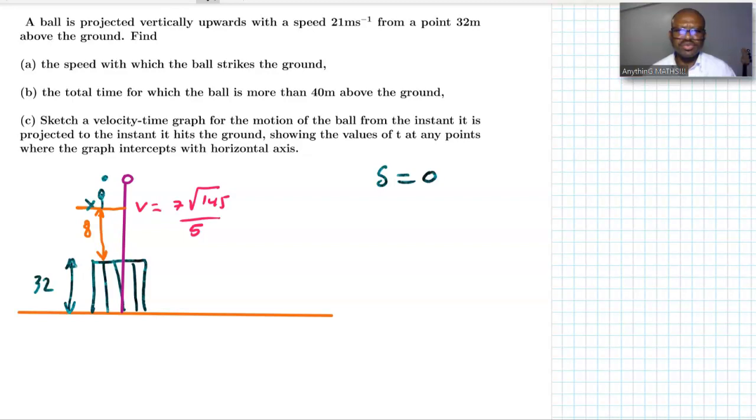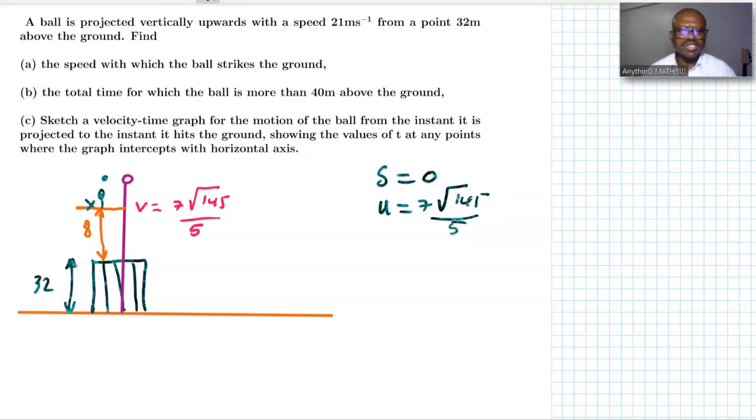And also u, because at that point we are taking it to be the initial velocity, u will be 7 root 145 all over 5.